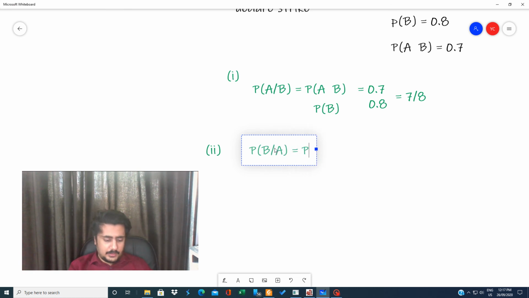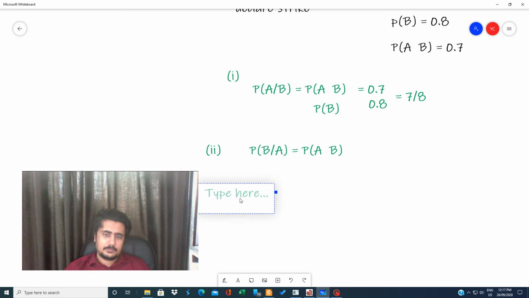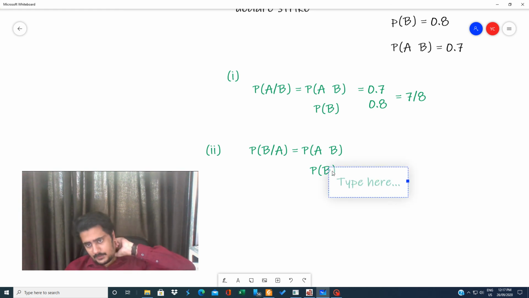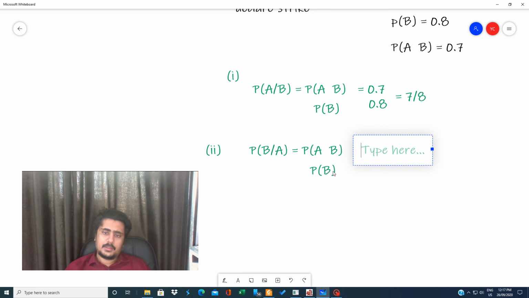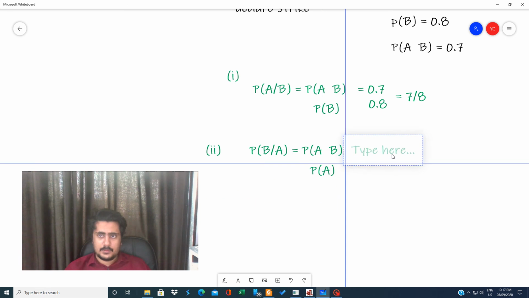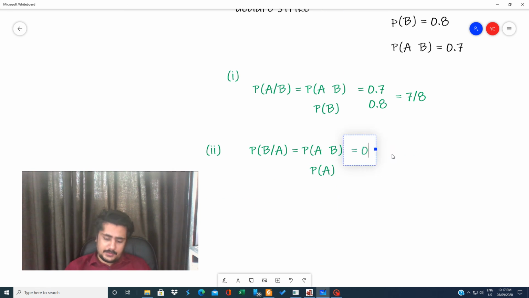Now what is this P of B upon A? It is P of A intersection B upon P of A. So it is 0.7 upon 0.75.